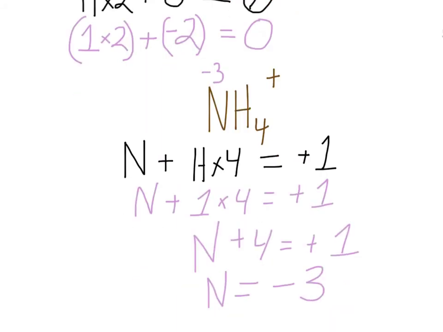Okay, apparently I forgot how this program works, but you get the idea. Nitrogen is -3. The oxidation number of hydrogen is +1. Remember, individual hydrogens, and there's 4 in there.